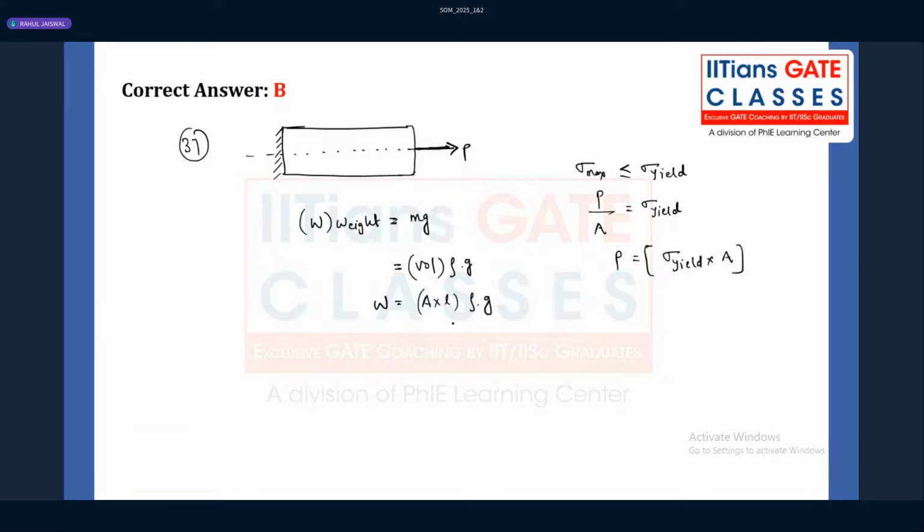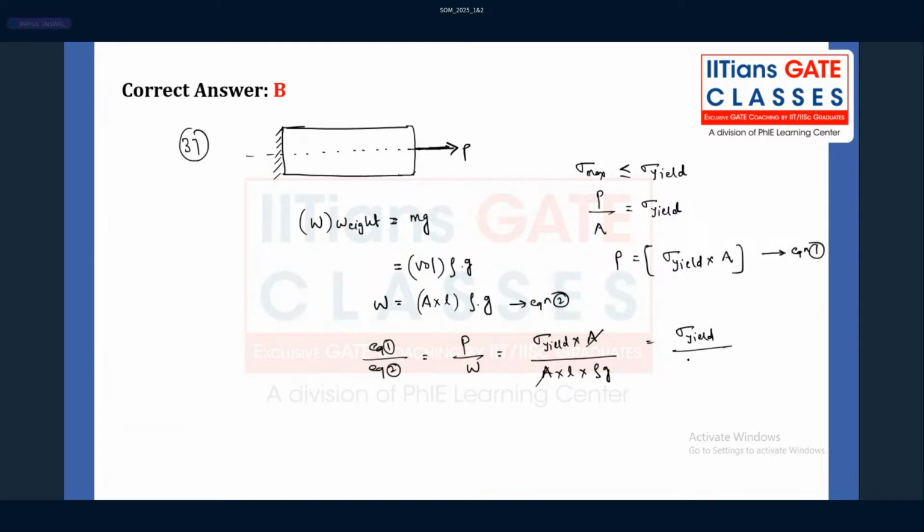Now if we take P and W, as equation number 1 and equation number 2, and take equation 1 by equation 2, P by W is equal to yield strength into area divided by area into L into rho into g. So this value is yield strength by rho L into g.